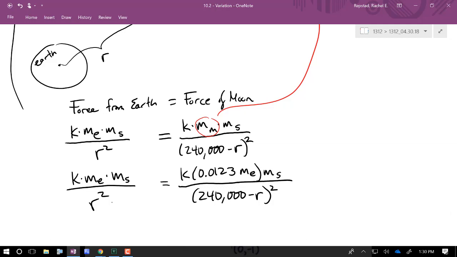We've eliminated one of these four variables, so we're making progress.